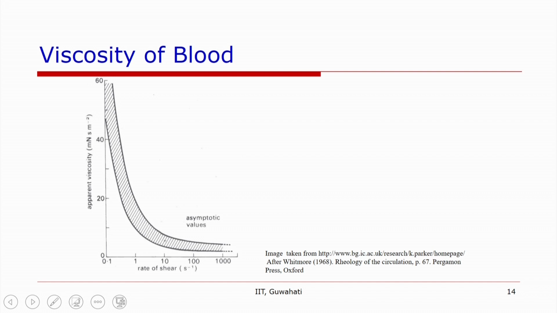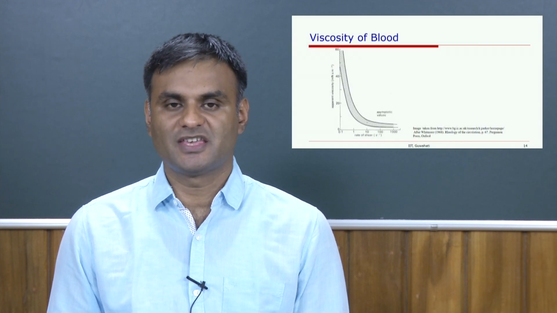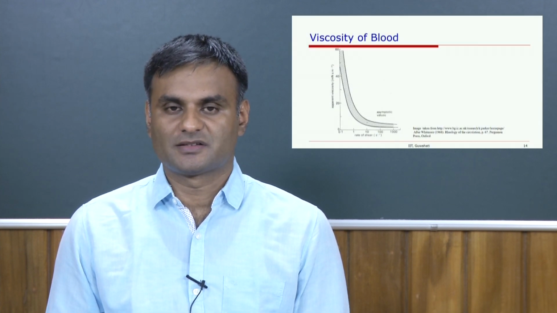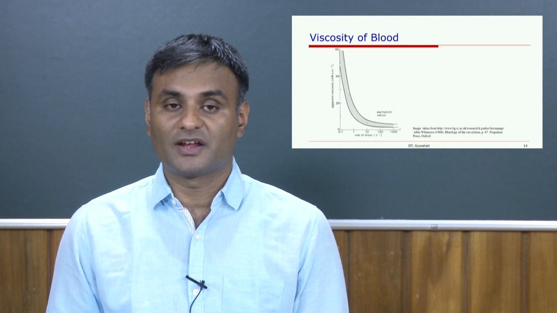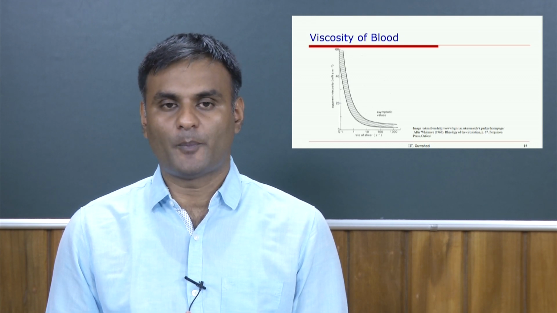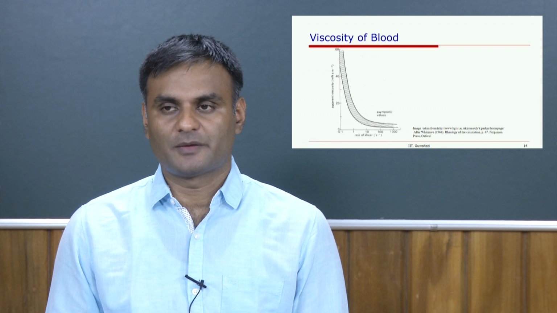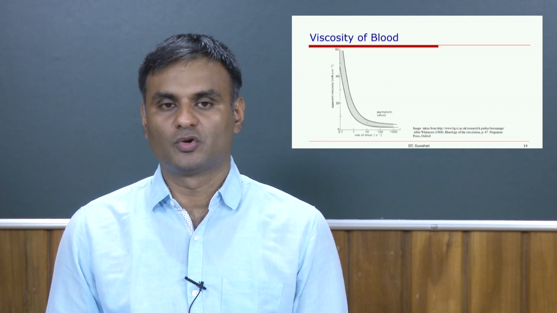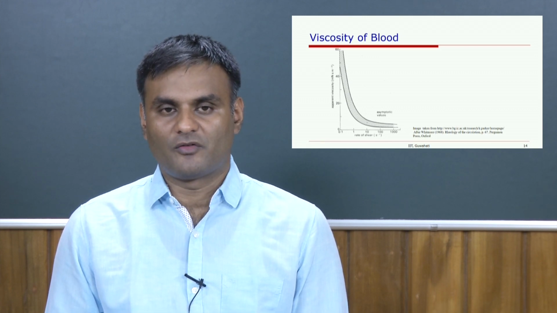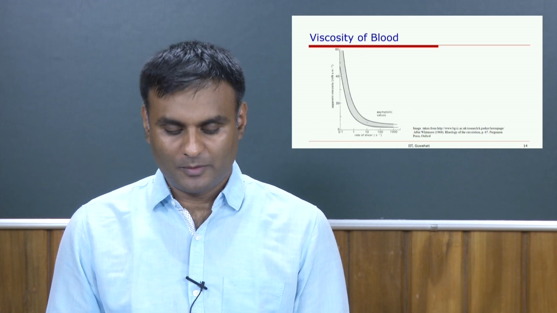Okay, so having looked at the mechanical properties, shape, size, and volume fraction of the different particles present in the blood, let us look at the rheological behavior of the blood.